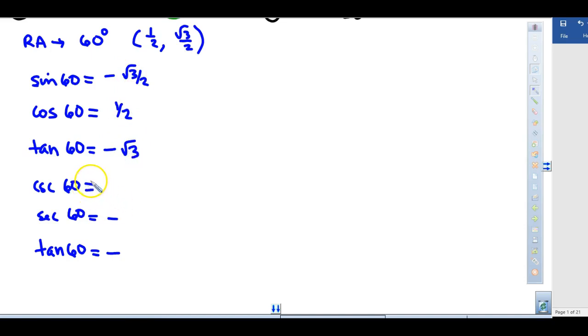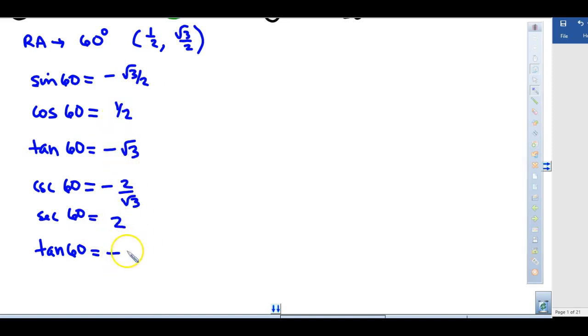Cosecant is going to, I'm so sorry, I did something wrong. It's secant that is going to be positive. Cosecant is going to be negative. Cosecant is the reciprocal of sine. Secant is the reciprocal of cosine.